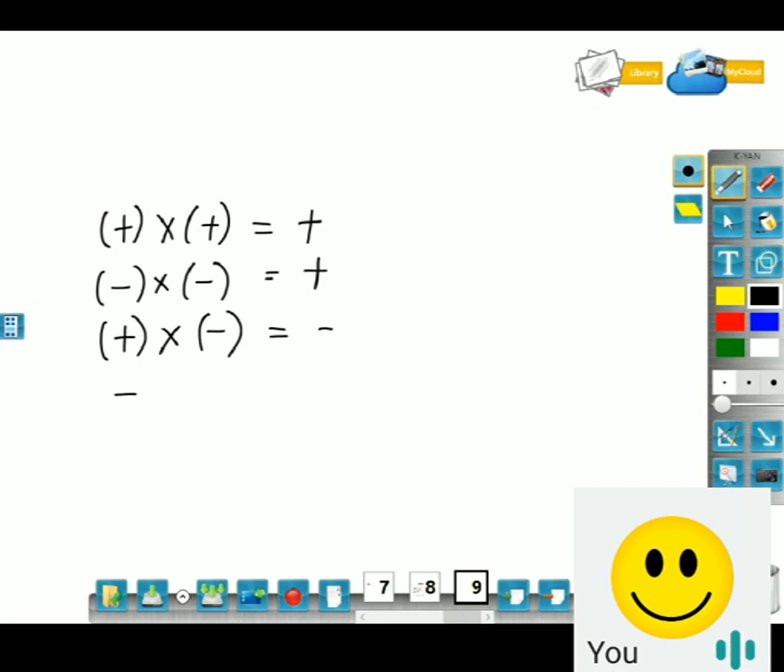Same way, if the first one is negative and the second one is positive, then also you are going to get the answer in minus. Does anyone have any doubt regarding this? Please type it in the comment section. So when the signs are the same, the answer is going to be positive, and when the signs are different, our answer will be in minus.